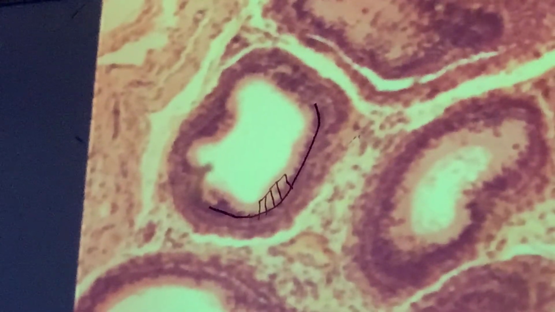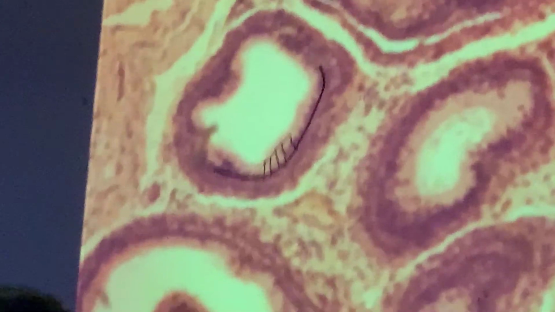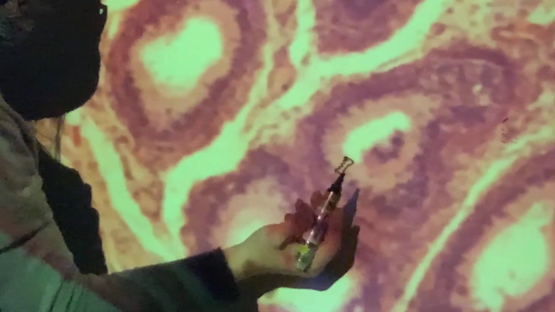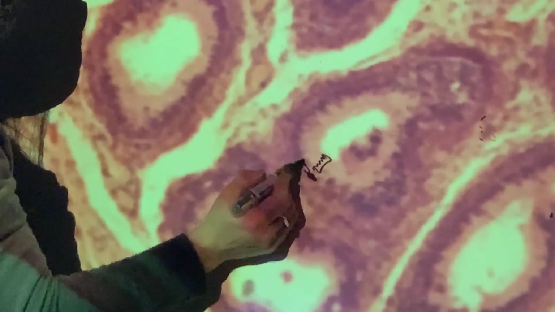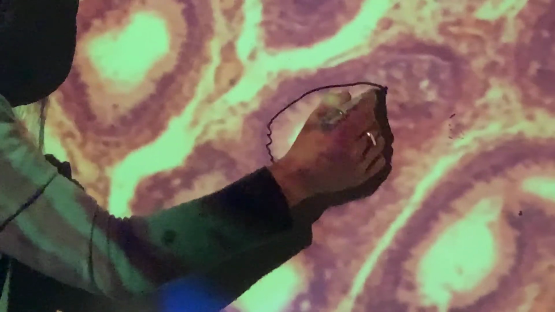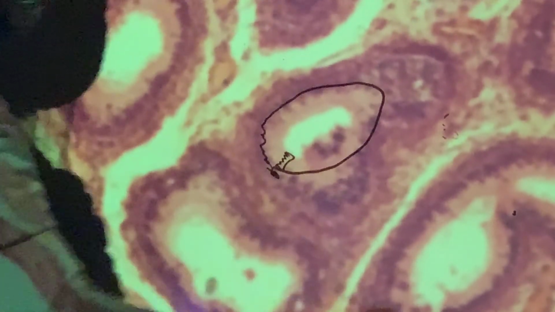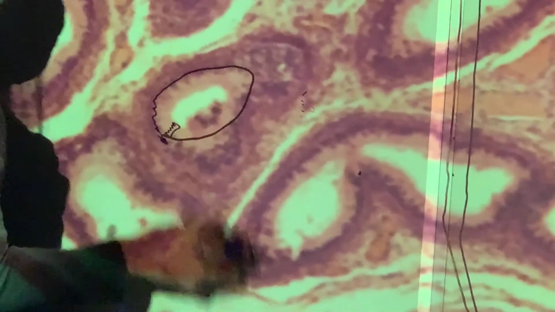Even at this magnification, I can see that. Here's another good one down here. The part that's lighter is just the cytoplasm staining, and the purple is the nucleus that stains really dark. Again, it looks like one layer going around.